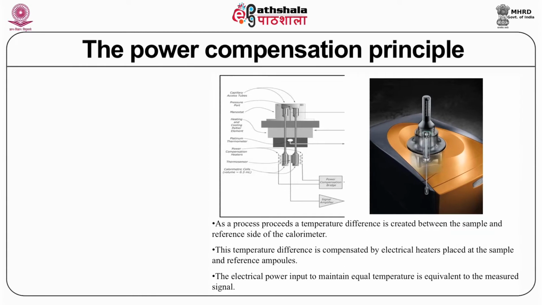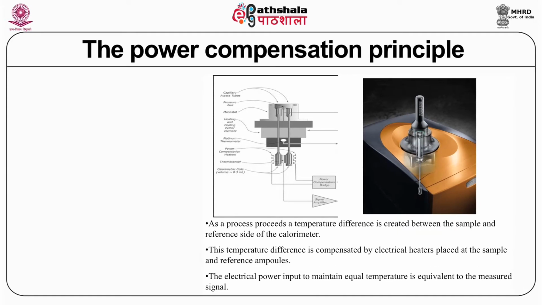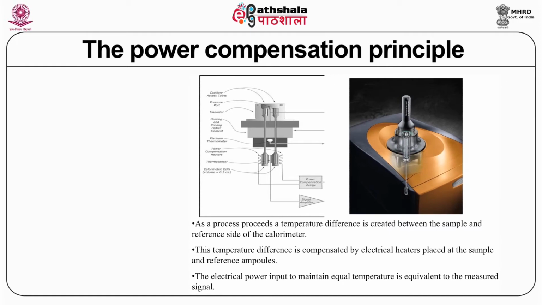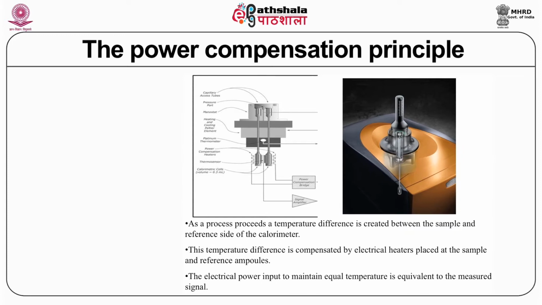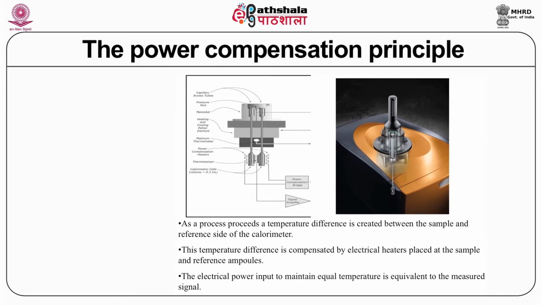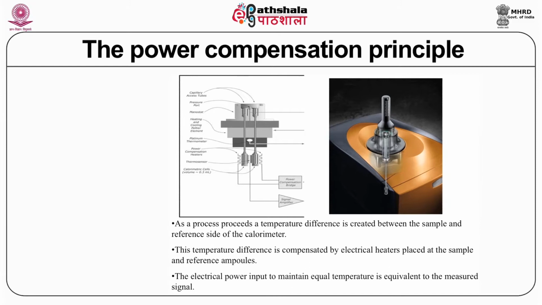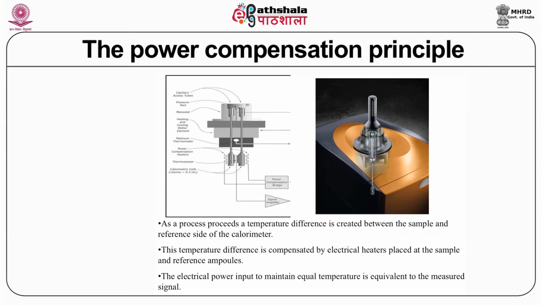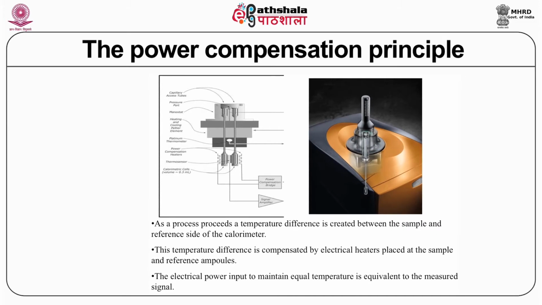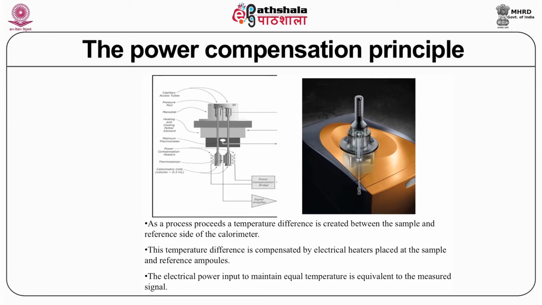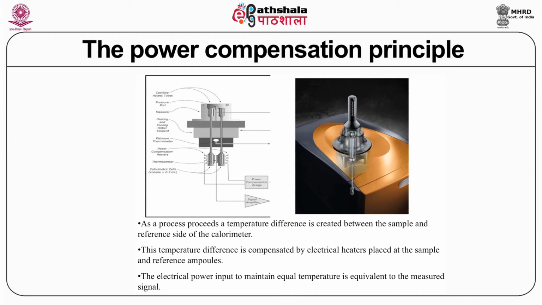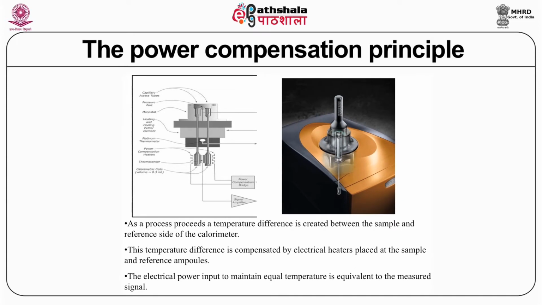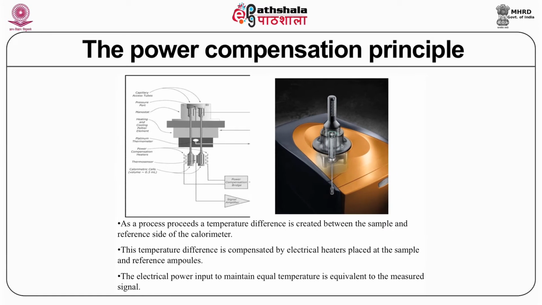The power compensation principle, which was briefly mentioned in the previous module, is here done in a much more sophisticated, much more sensitive, much more careful way. As the process proceeds, a temperature difference is created between the sample and the reference side of the calorimeter, and this temperature difference is compensated by electrical heaters placed at the sample and reference ampules. This is what I have shown in the diagram.